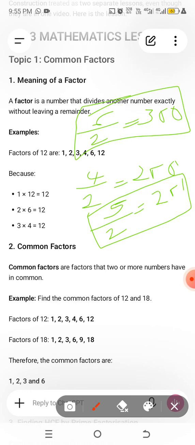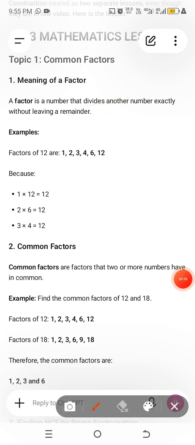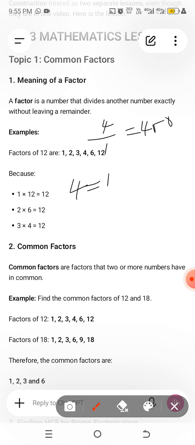Now, let's look at factors of 4. When we say factors of 4, what do we mean? We mean the numbers that we can use to divide 4 that will not give us a remainder. So factors of 4, let's look at 1. We can use 1 to divide 4 that will not give us a remainder. 4 over 1 is equal to 4, remainder 0.